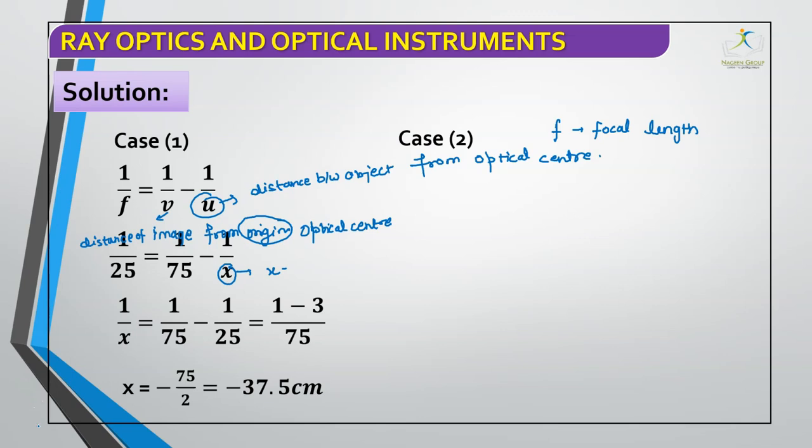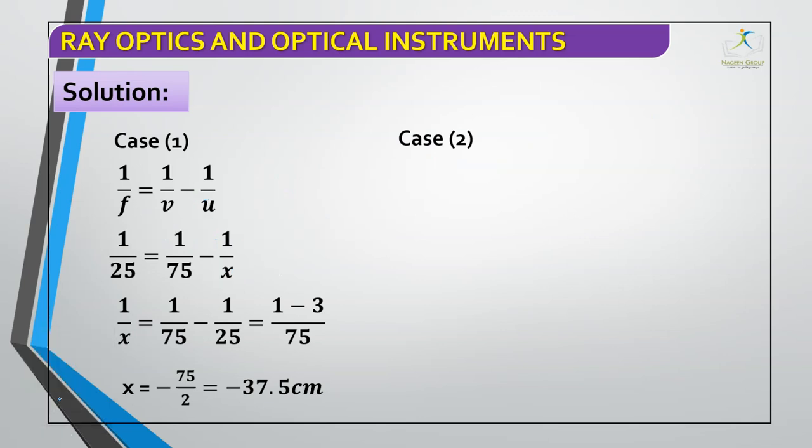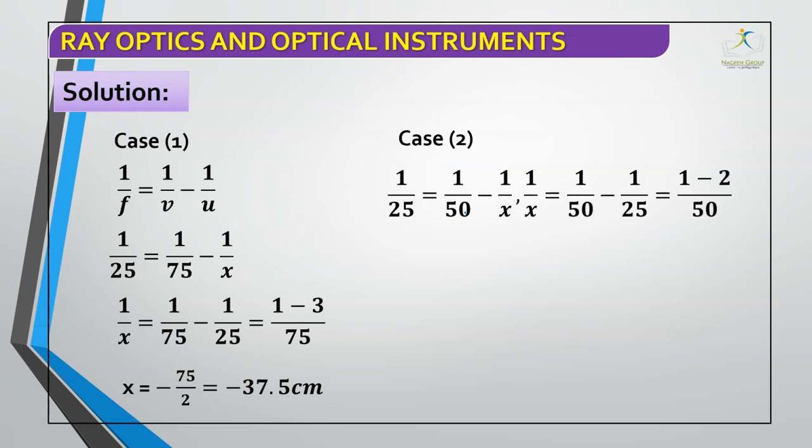In case 2, the focal length is the same, but the position of the image is changed. According to that, the position of the object is also changed. In this scenario, we have taken x prime as the object, while in the first scenario we had taken x as the object.